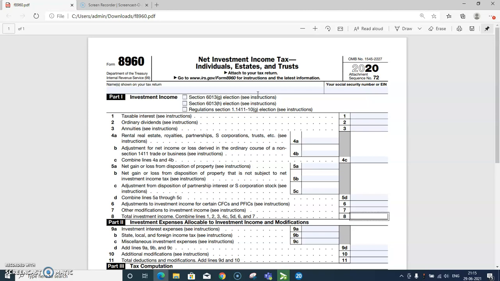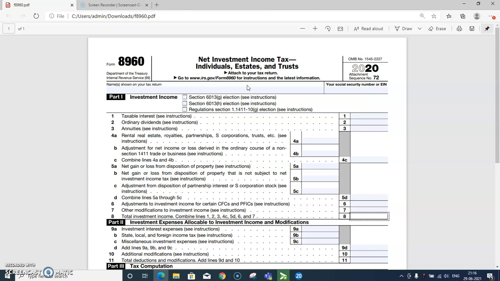If you are married but filing separate returns, your MAGI has to be more than $125,000. And if you are filing single or head of household, the threshold is $200,000. Your MAGI is a variation of the adjusted gross income, or AGI, that's reported on the first page of your tax return form, though for most people the two amounts are the same.